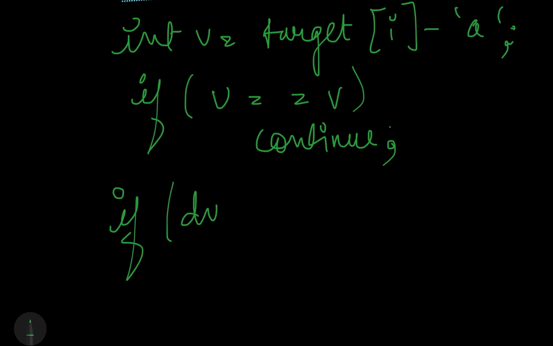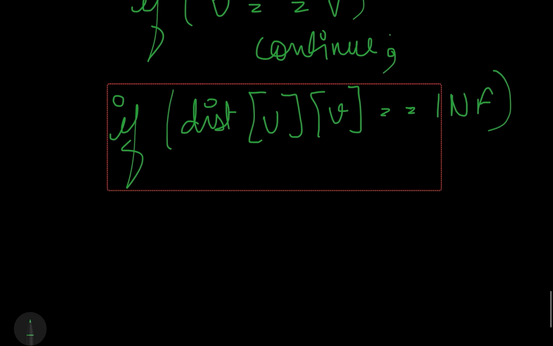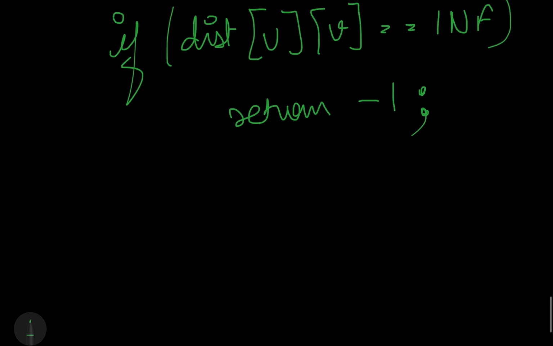And if the distance of converting from u to v is equal to inf, then we can't change it because it is unreachable, then we'll simply return -1.